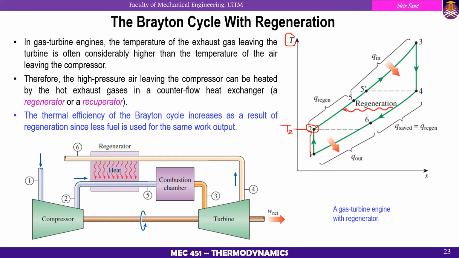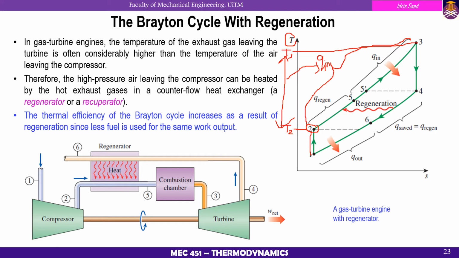From T2, we have to put in the fire in order to increase the temperature to T3. So this is the value of the temperature increase, which refers to Q in. Please do remember Q in is equal to the mass of fuel that we burn inside the combustion chamber.